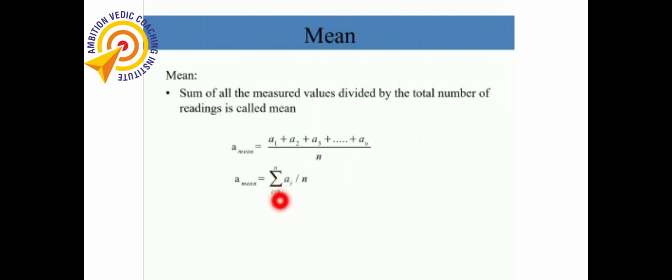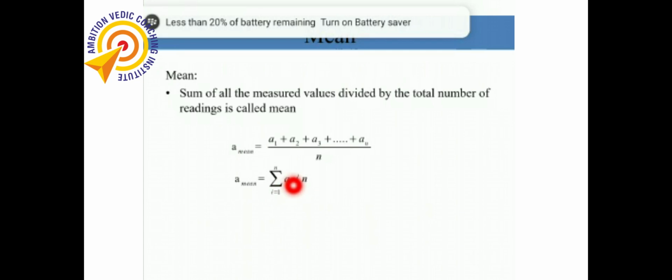That means addition of n values of A. So if i equals 1, this will become A1. If i equals 2, this will become A2. And if i becomes 3, this will become A3. Okay, so summation indicates always addition. And these are called limits, starting from 1 to n.